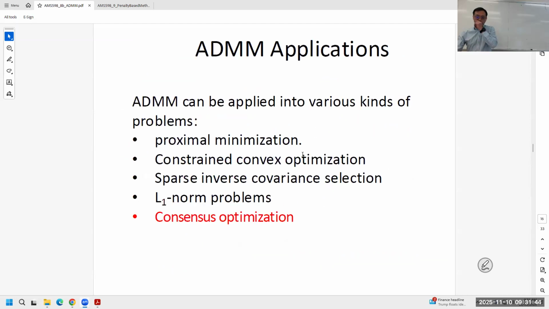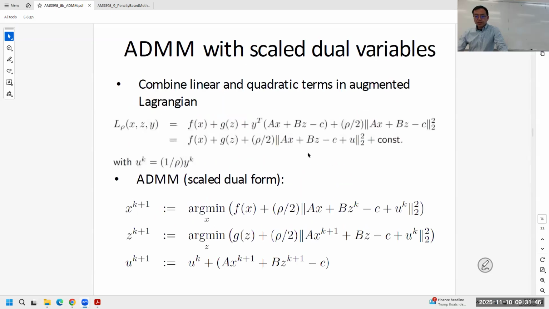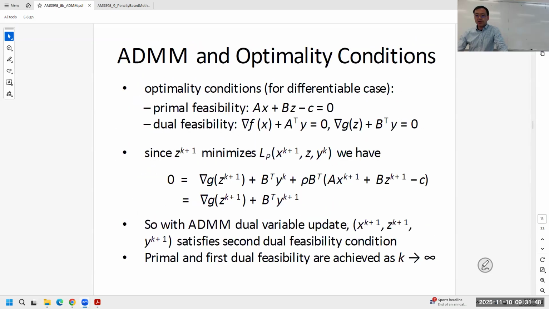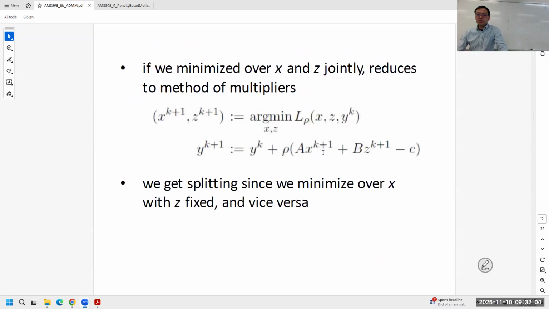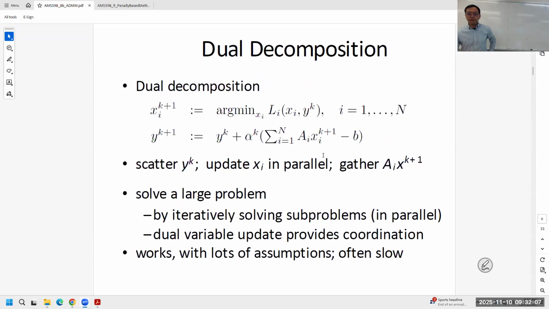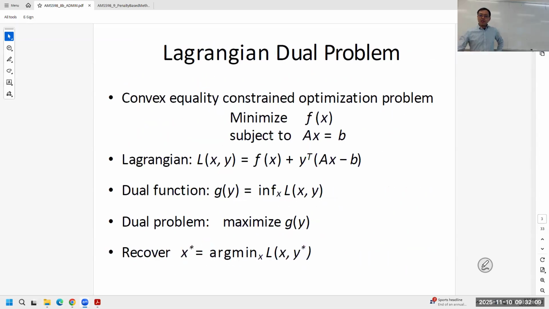One is that ADMM itself is based on dual ascent, which is generalized from the usual dual ascent method. For the usual dual ascent method, we have a target function f that is not separable, so it has the equality constraint. We can use dual ascent to maximize this.